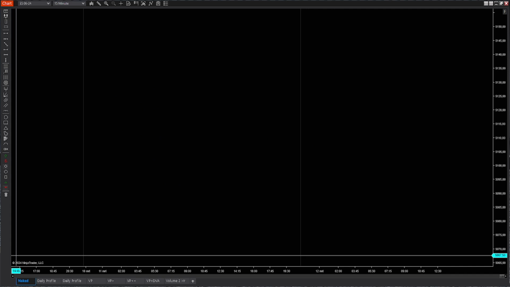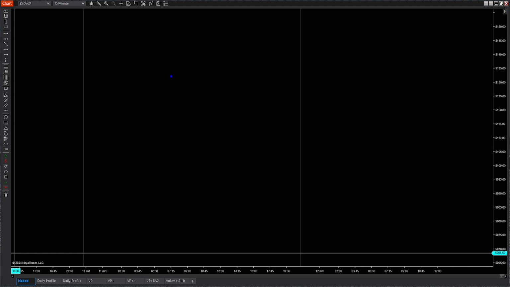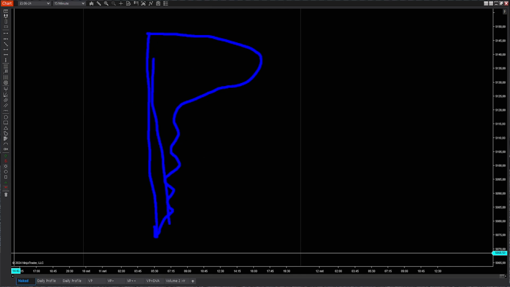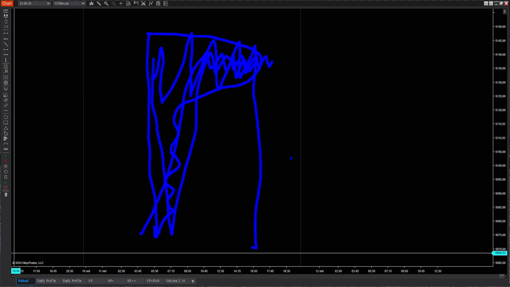Of course, we already explained we have different types of volume profiles. We have a balanced profile. This means price has ranged all day inside this. We have a P profile that looks something like this. This is either price going down and coming back up, or price coming from down, getting back up and ranging right here, or we have a range and we lost it and price went down.